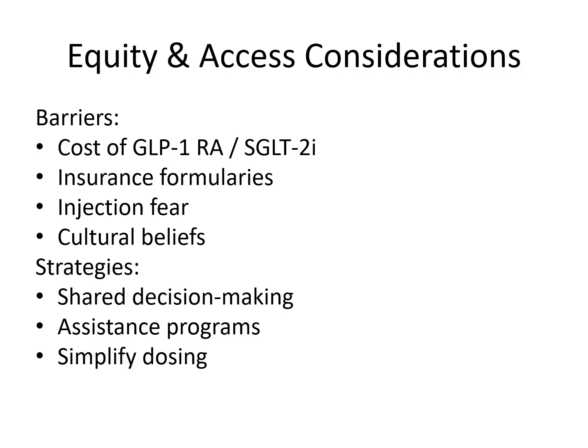There's also injection fear, especially when starting insulin or a GLP-1 receptor agonist. That fear is real and should be addressed directly, and the plan may need to be adjusted. And then, of course, we have to respect the cultural beliefs and the health literacy that influence how our patients perceive chronic illness and medications.